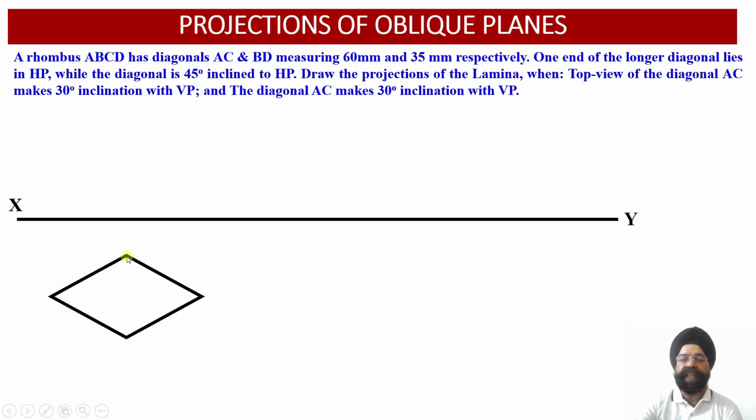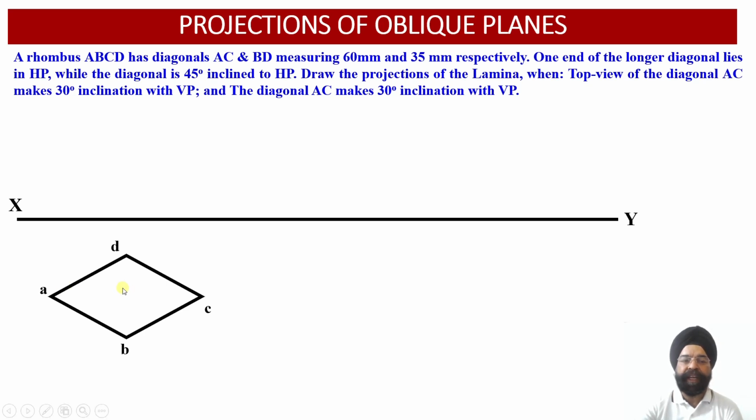Just see, this lamina will be lying onto the horizontal plane, and let us do the numbering, that is A, B, C, D. It is the true shape of the lamina which is obtained onto the horizontal plane, and since this is contained by the horizontal plane, we are going to obtain the true shape of this lamina in the top view. So this top view will be drawn below the XY reference line because the horizontal plane is rotated in the clockwise direction downwards.